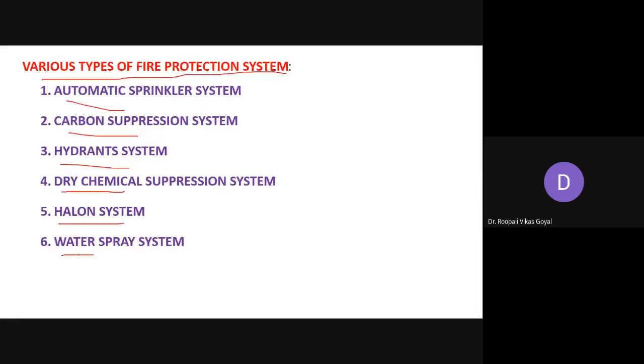Now just try to understand, you are having a fire triangle. ठीक है, उसके अंदर एक तो आपके पास ऑक्सीजन है, एक तो आपके पास हीट है, and तीसरा आपके पास फ्यूल है. So any extinguishing mechanism, and fourth is your reaction, जो रिएक्शन होता है.